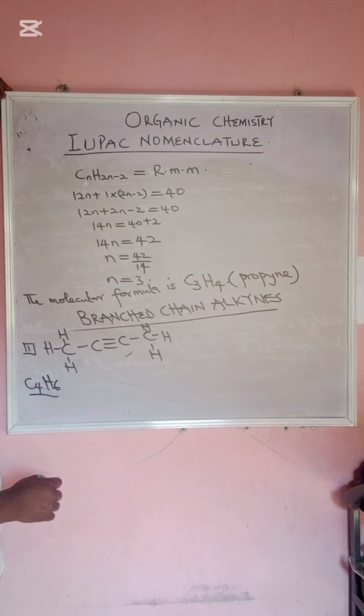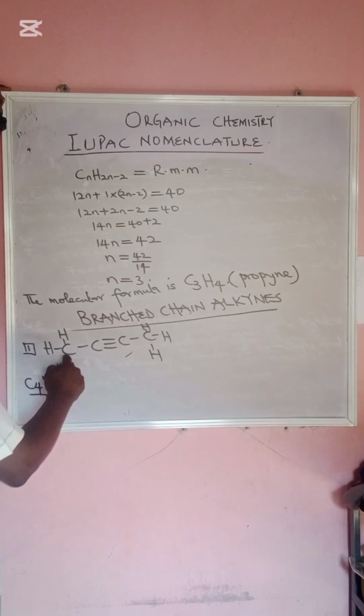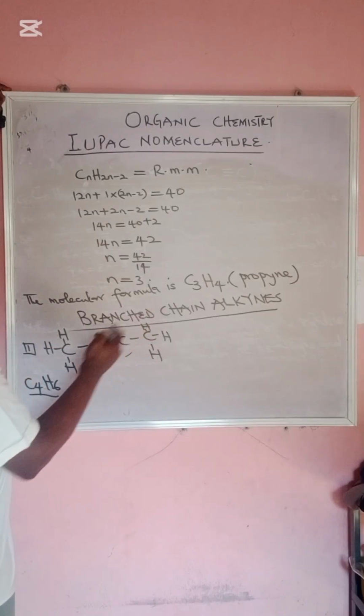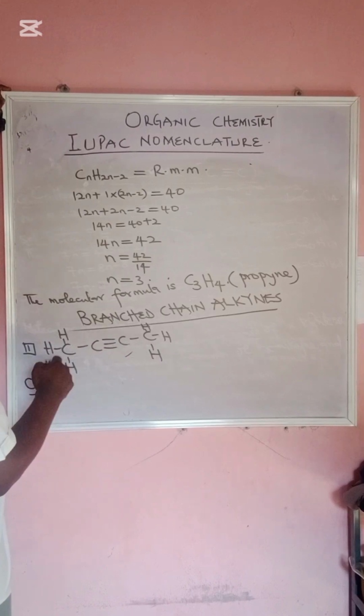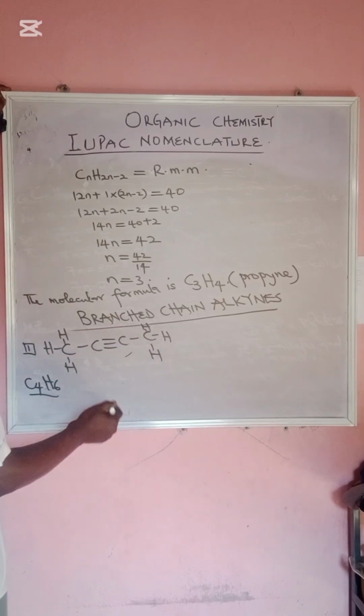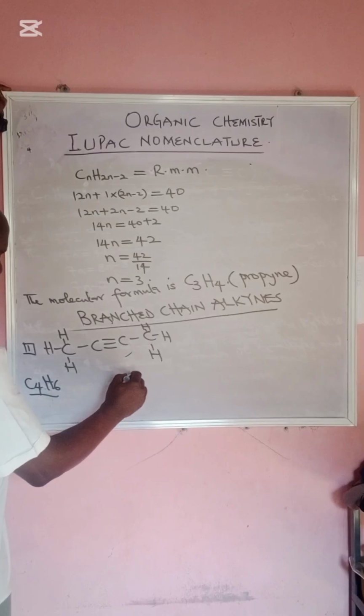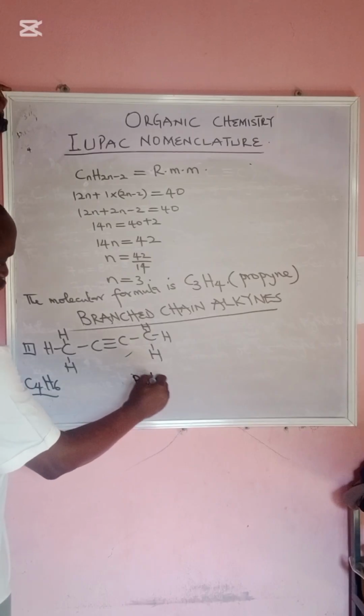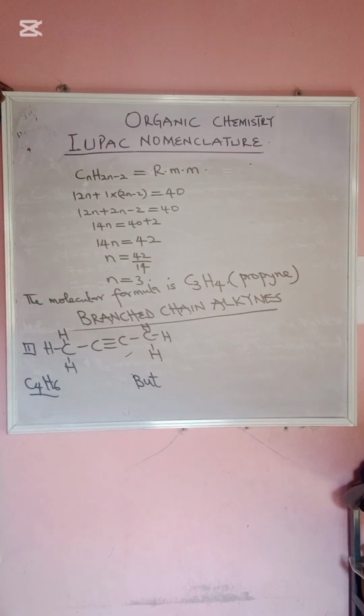Then how do we name this? The same thing, dependent on 1, 2, 3, 4. Either you are counting from left to right, 1, 2, 3, 4, or right to left, 1, 2, 3, 4. So it's but-.